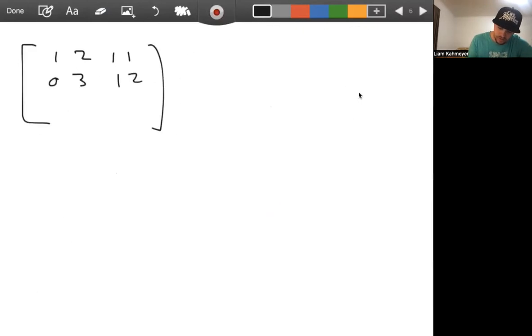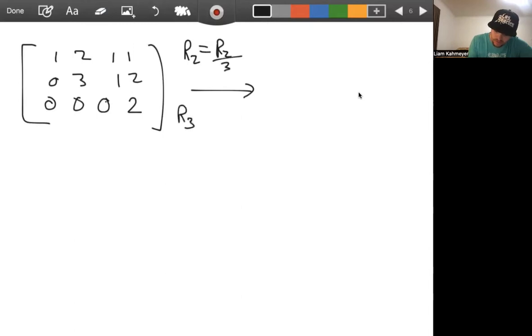And then we have 0 plus 0, -3 plus 3, -1 plus -1, and 0 plus 2, right? We can do a little bit of simplification here. Let's say row 2 is equal to row 2 over 3, and then row 3 is equal to row 3 over 2.